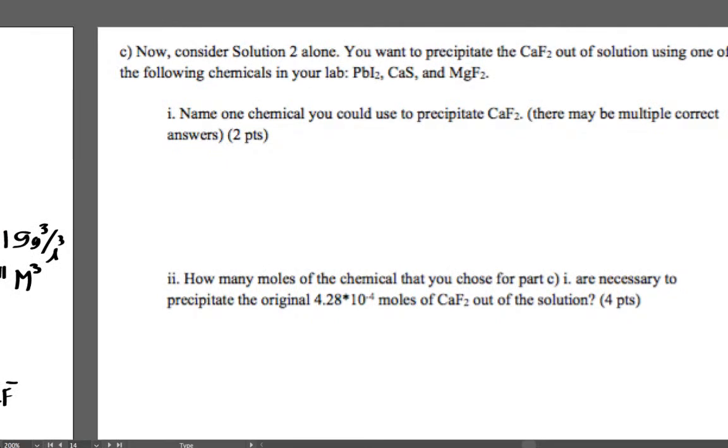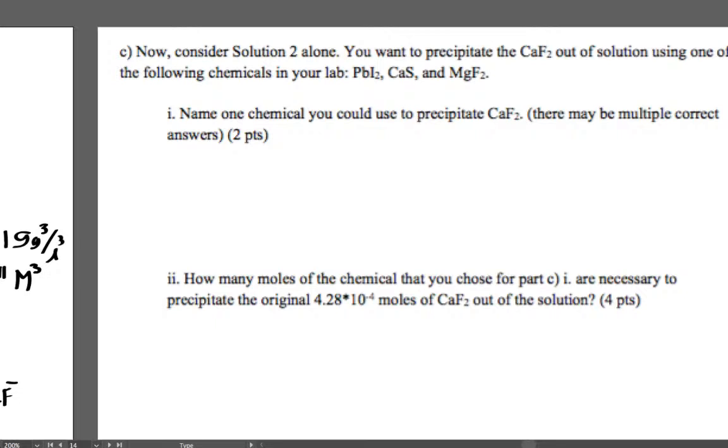Now consider solution 2 alone. You want to precipitate the CaF2 out of solution using one of the following chemicals in your lab: lead, lead I2, CaS, and MgF2. Name one chemical you could use to precipitate CaF2.